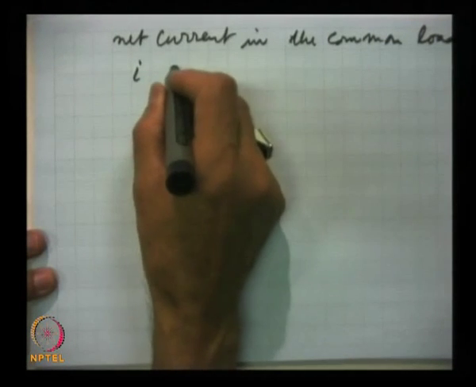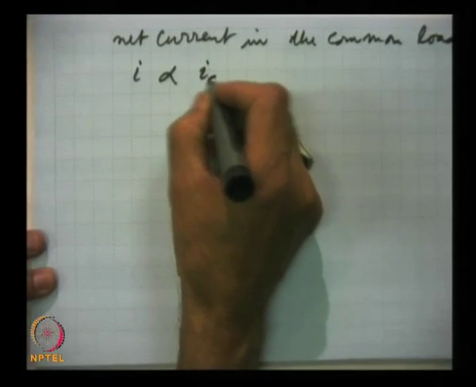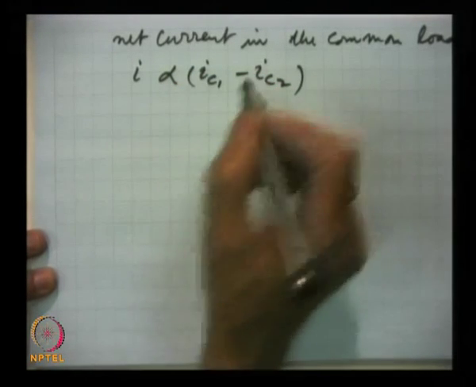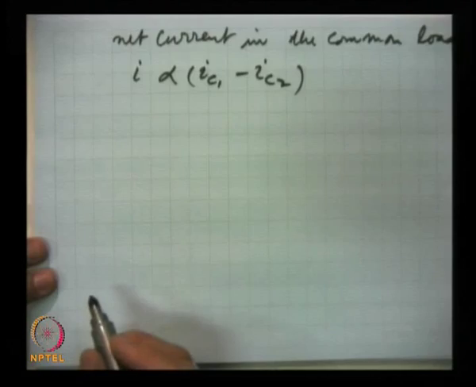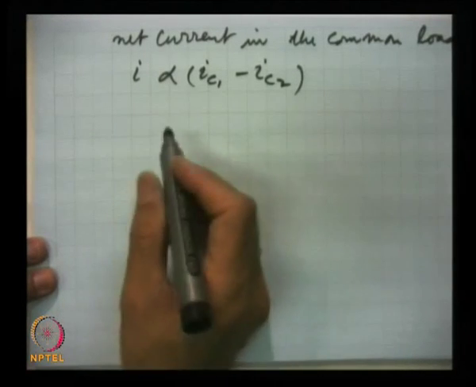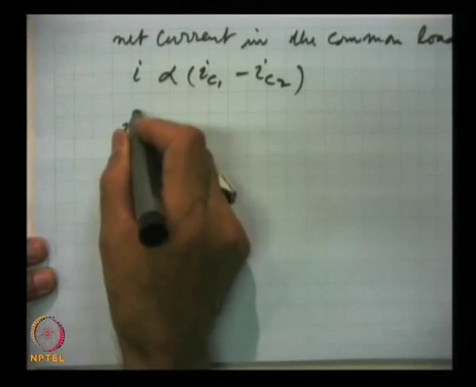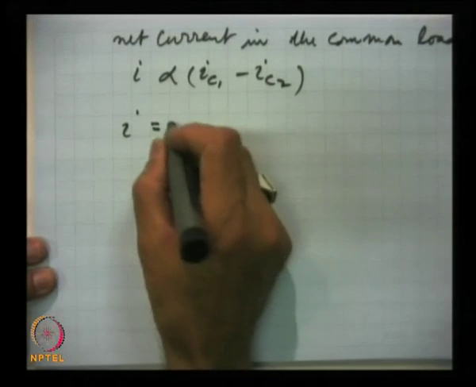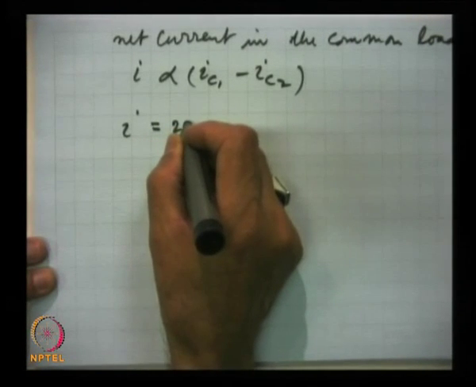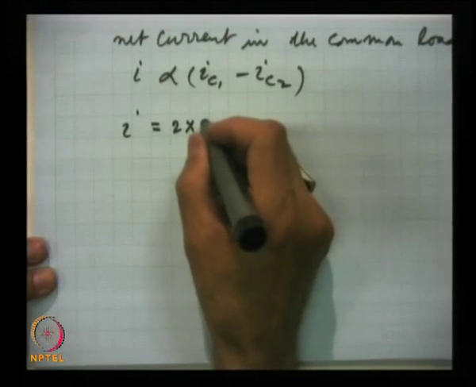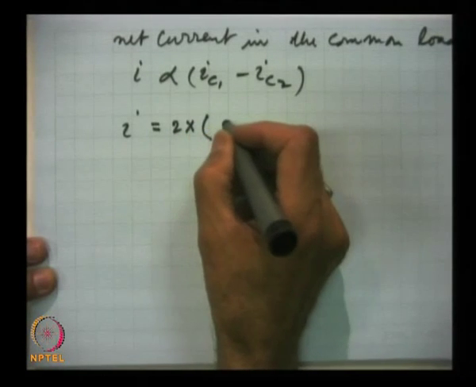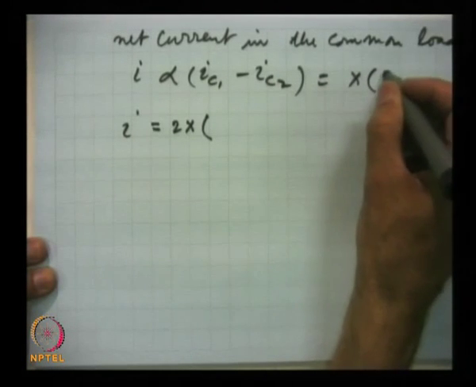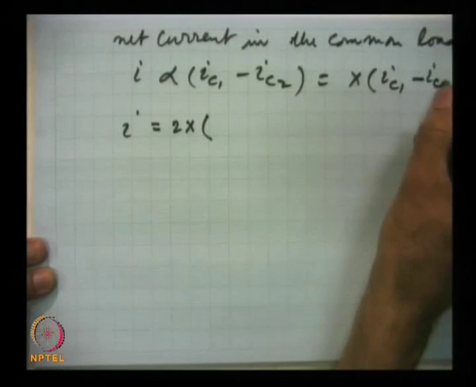I will be proportional to the difference of these two currents, and therefore we can write I will be equal to some constant x times IC1 minus IC2.